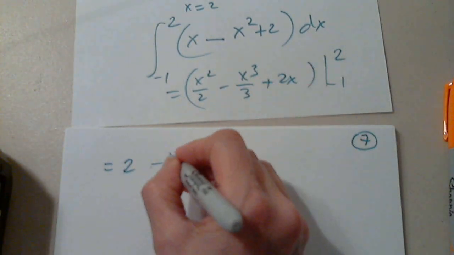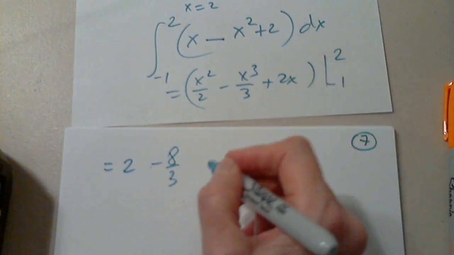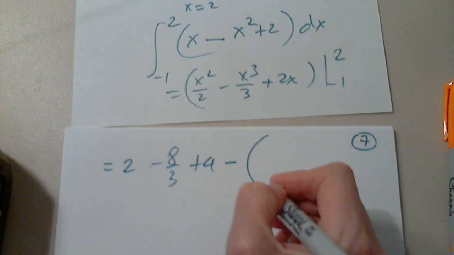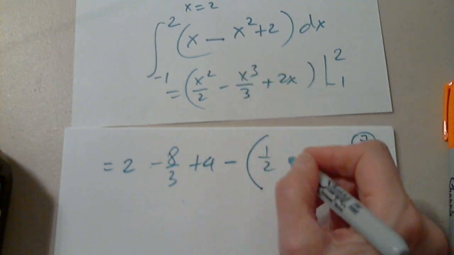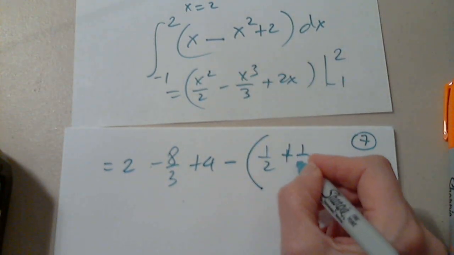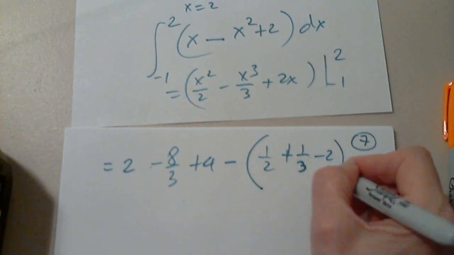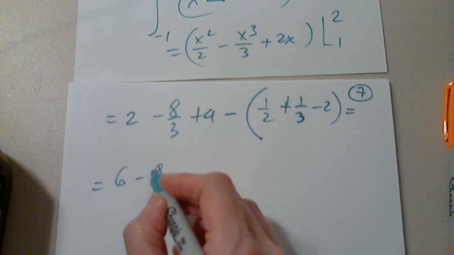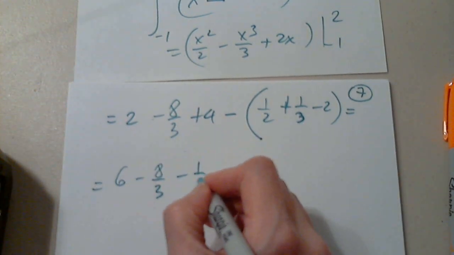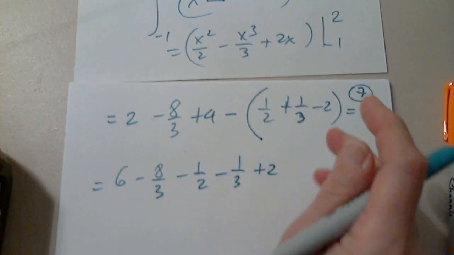So this is minus 8/3, and this is plus 4. Minus, put parentheses so you don't make a mistake, 1/2 plus 1/3 and minus 2. So 2 plus 4 is 6, minus 8/3, minus 1/2, minus 1/3, and plus 2.